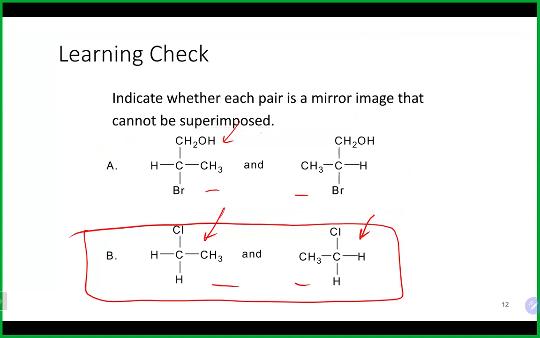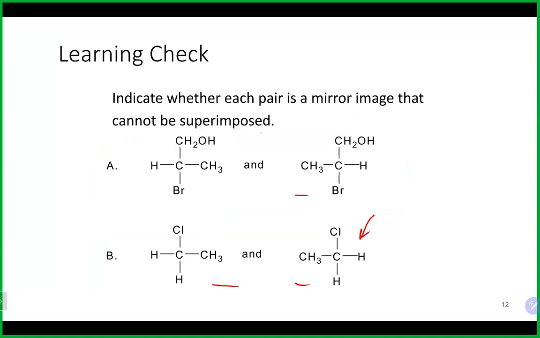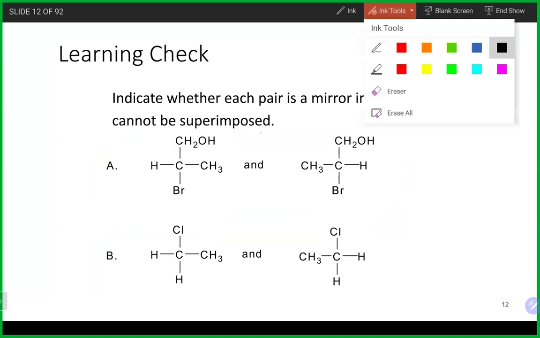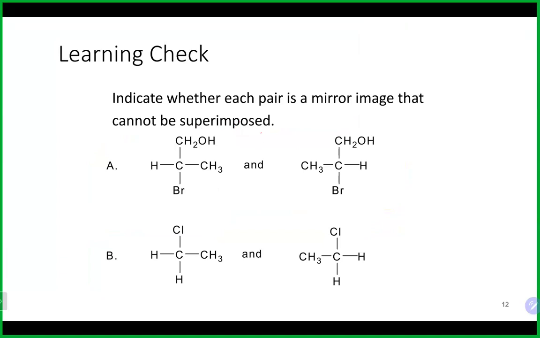To answer that question, what we should look at is whether or not there is a chirocarbon, because we know that if there is a chirocarbon, then our mirror image cannot be superimposed, and if there is not, then it can be. So if we take a look at our first one here, our mirror would be right about there, reflecting, if you will. If we take a look at this carbon, I have a CH3, which is different from that one.